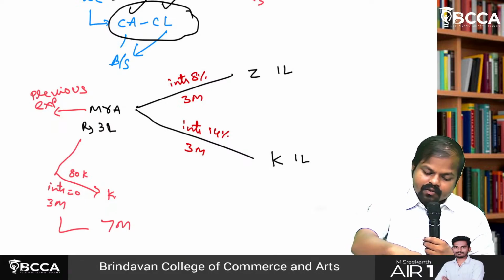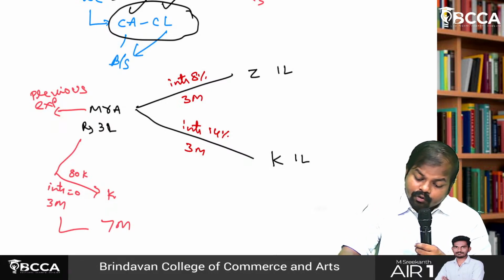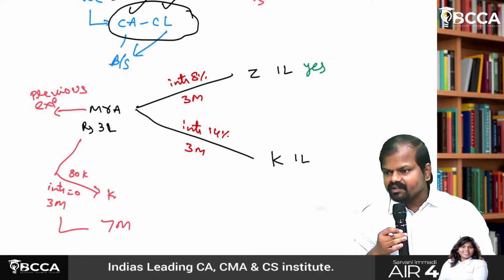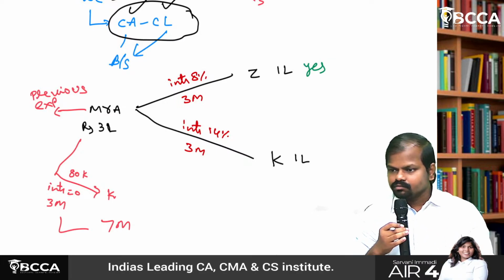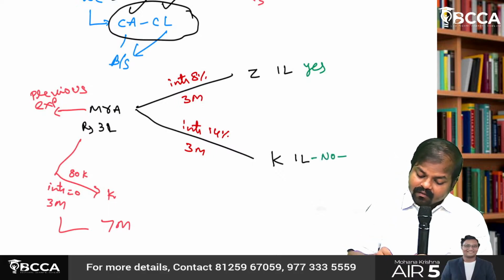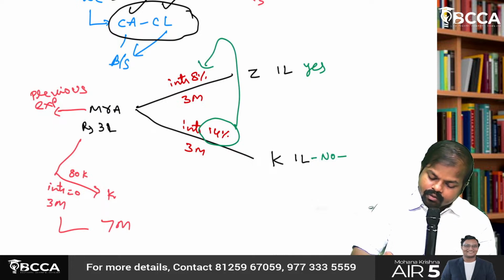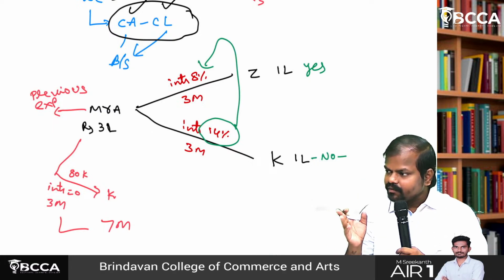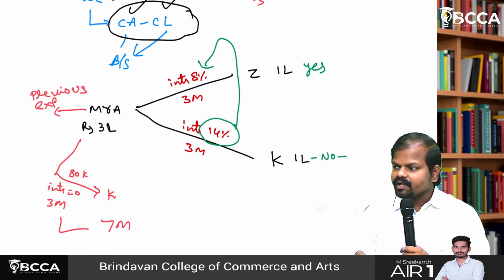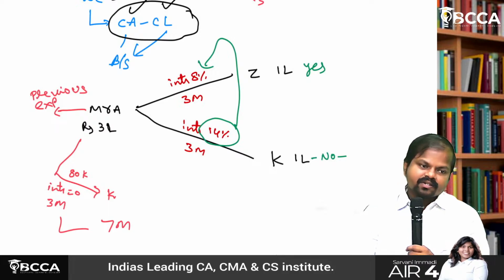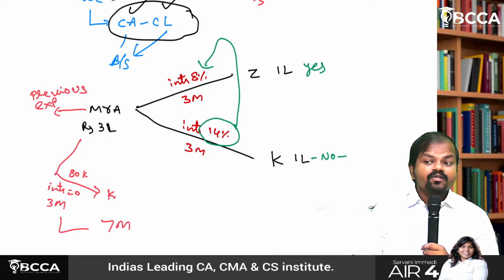There is no previous track record with Z. Just assume he is a good fellow. In this case, the answer is no for K, even though K's interest offer is high compared to Z. Z is telling 14%. Interest is not required. Repayment is most important for me. Interest is secondary. Repayment history is most important.